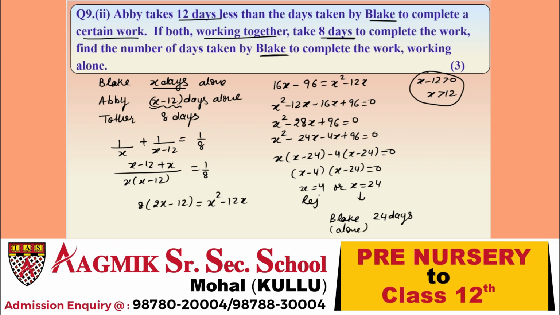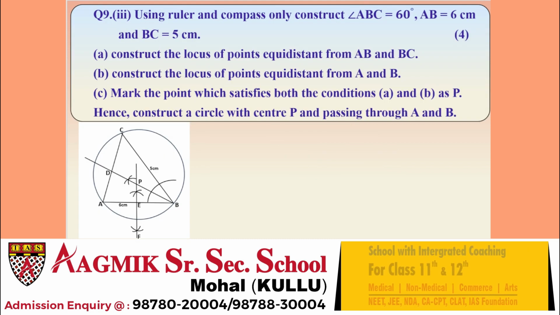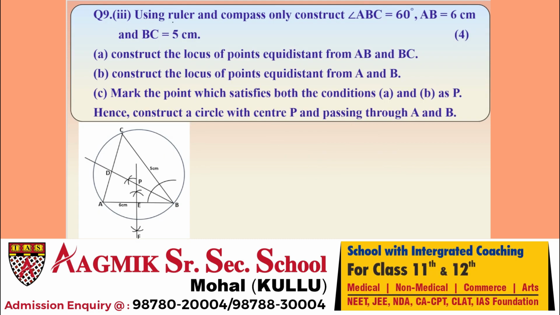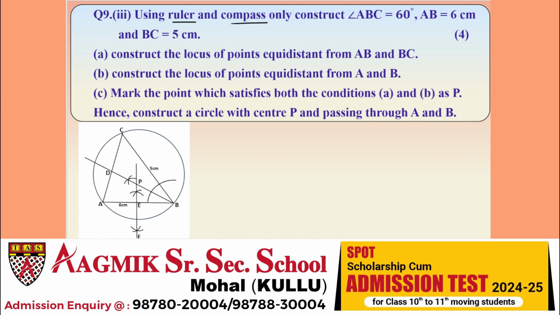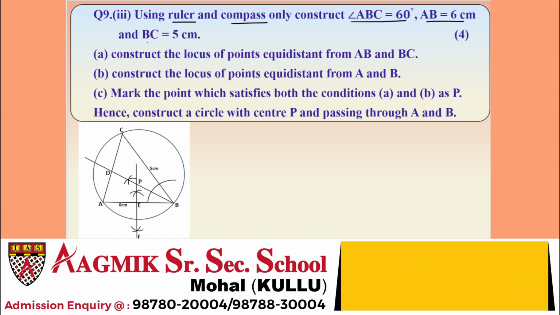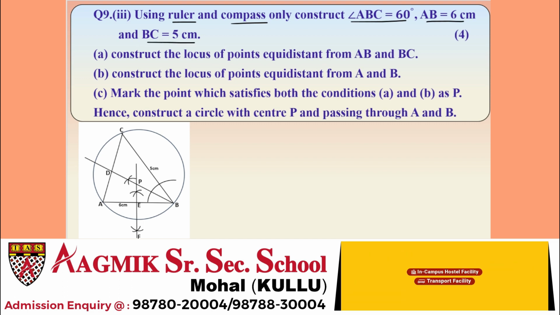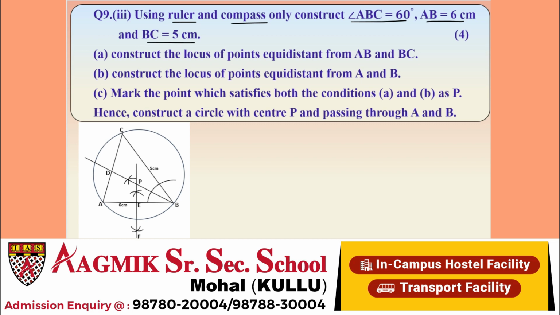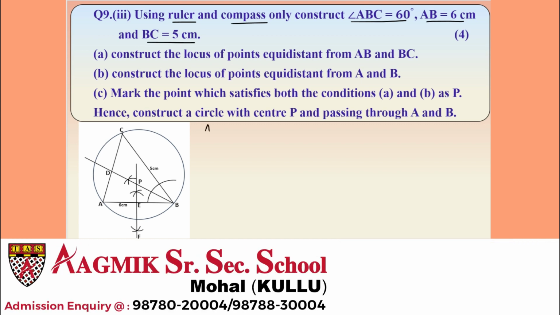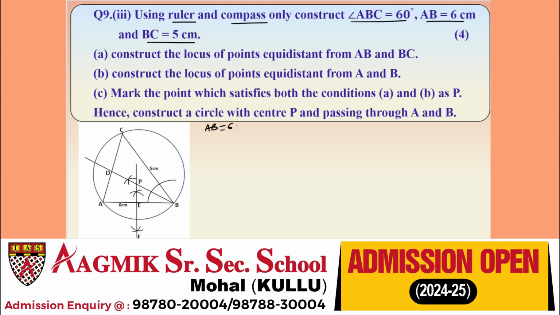Now moving on, question number 9, part 3. Part 3 is: using ruler and compass only, construct angle ABC as 60 degrees, AB as 6 centimeters, BC as 5 centimeters. Now first of all, how do you construct that? First of all, you draw AB as 6 centimeters, right?